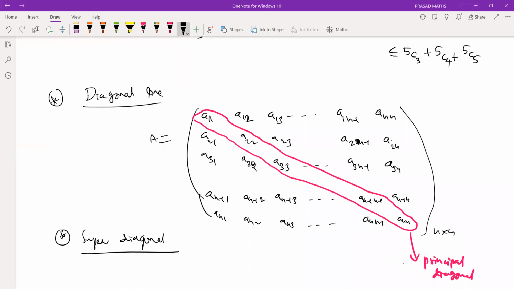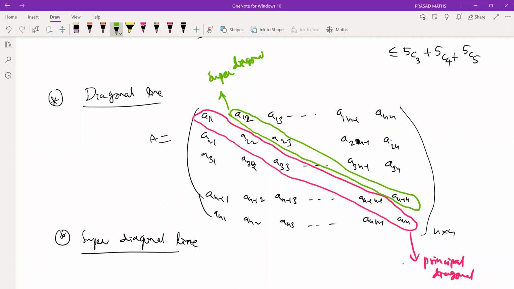Super means at least one is bigger, right? So this is my super diagonal line. What are the entries? Anybody? Can you tell me?